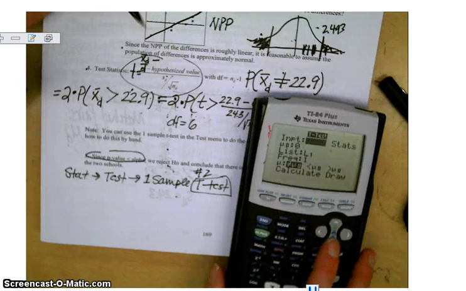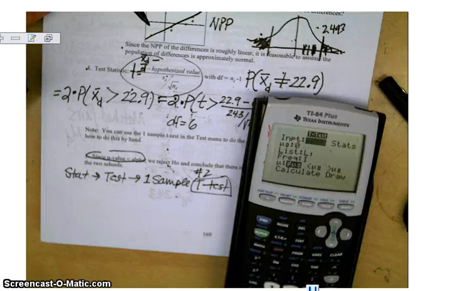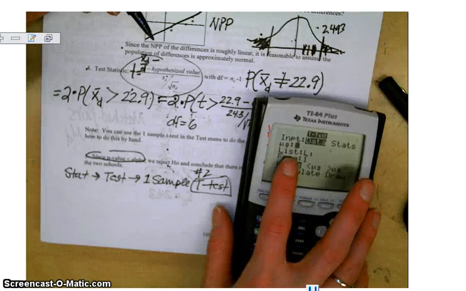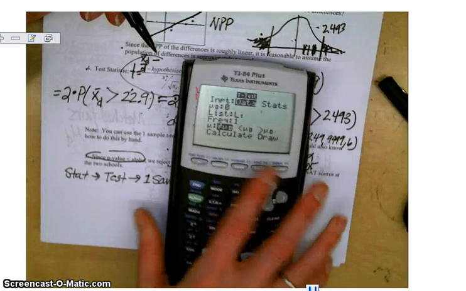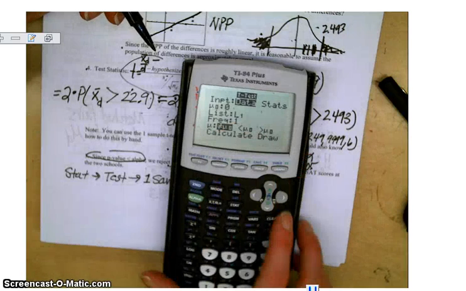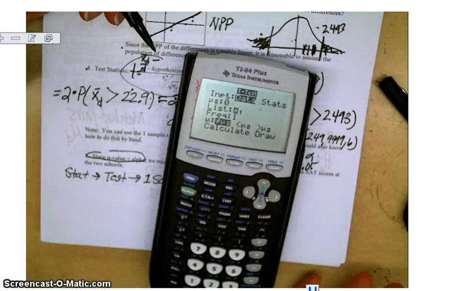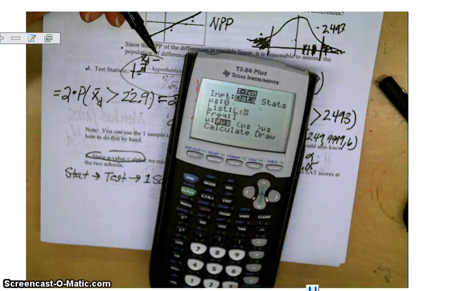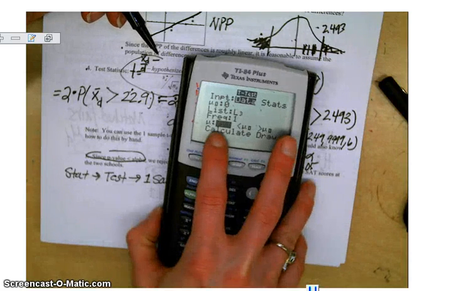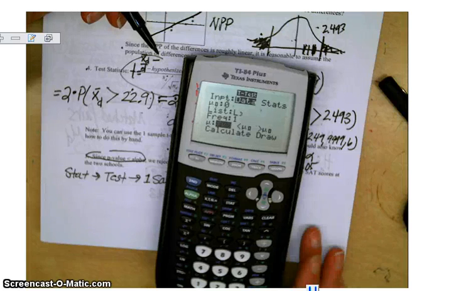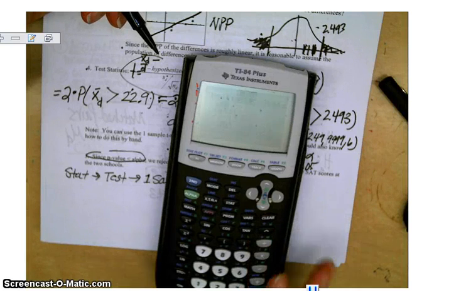And I actually have my data in there. And the hypothesized difference is 0. The list, my list is actually in list 3. Wherever you put your data, mine's in list 3. And then you can just go ahead and do the not equals. And then you can calculate it.